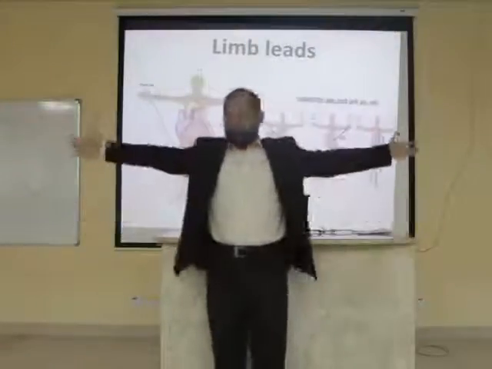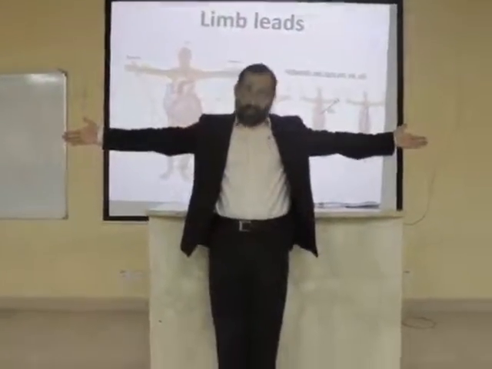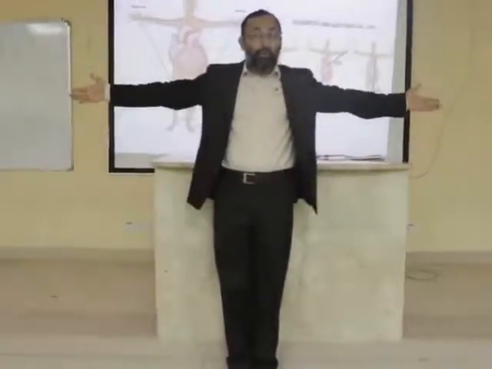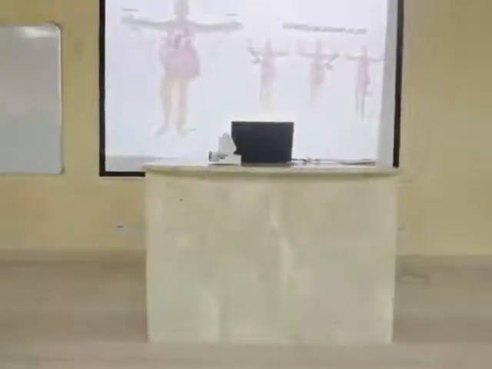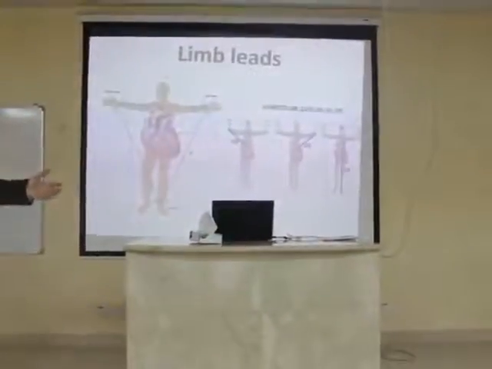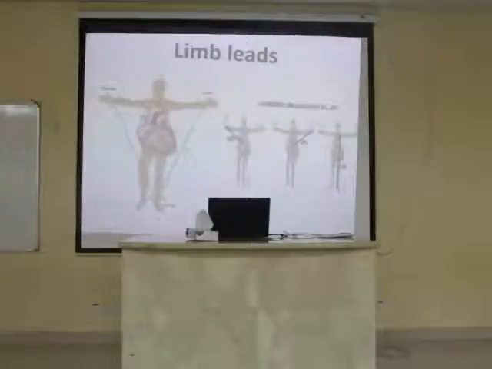Look at lead 2. Now imagine you have my feet in front and you have my outstretched hands. I am saying lead 2. Look at the picture and tell me, where is lead 2? Which one is positive and which one is negative? Right hand is negative. And which is positive? Left foot or the left leg is positive.